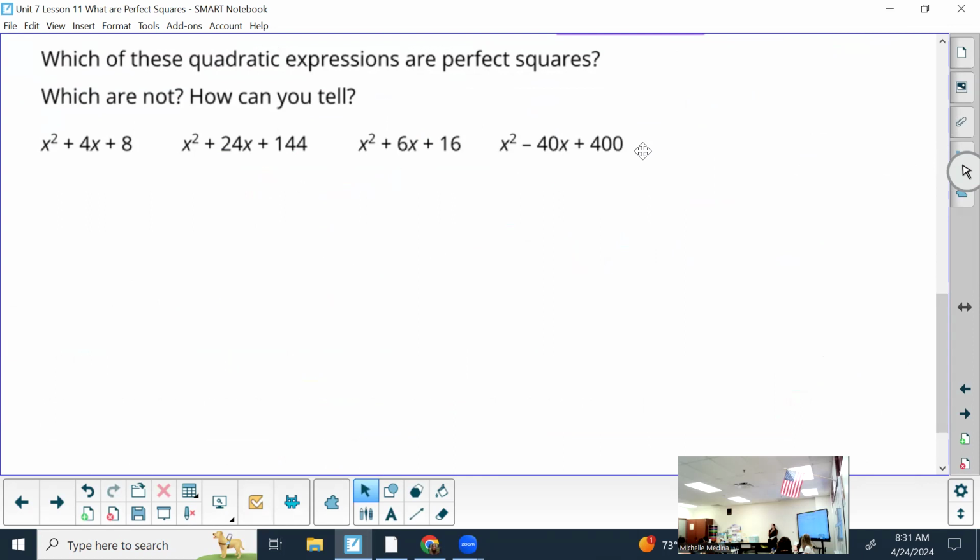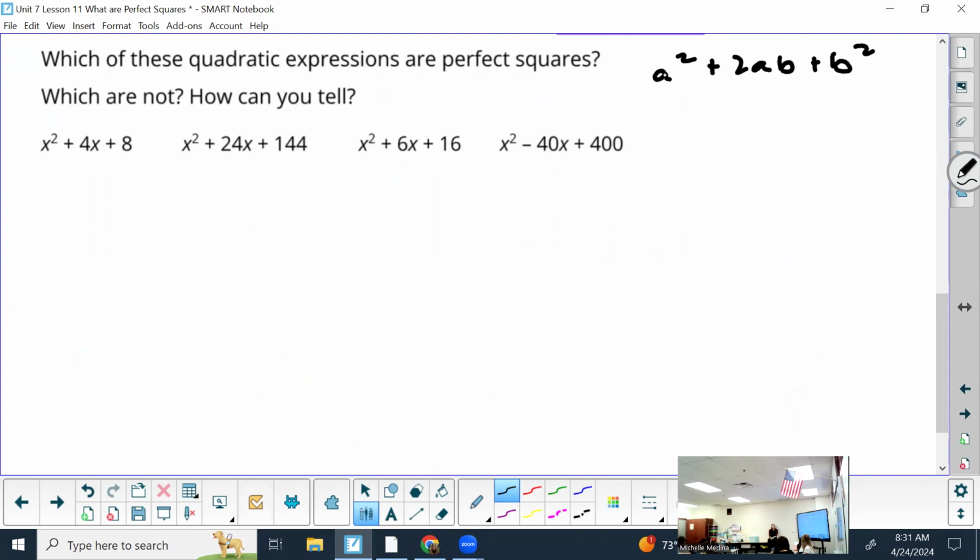How can you tell? There are some things people will memorize, like, oh yeah, that's a perfect square trinomial because it's a squared plus 2ab plus b squared. Personally, I don't like memorizing random things like that, although that is something you could use to identify a perfect square pretty easily.